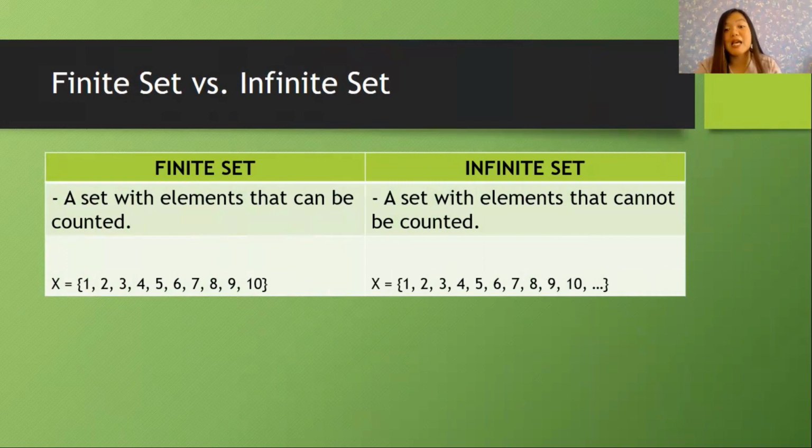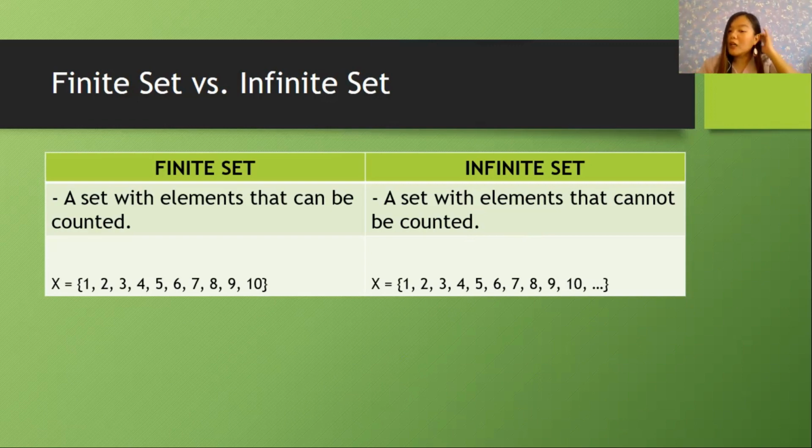While an infinite set is a set with elements that cannot be counted. So, it has no end. There is no definite number for that. 1, 2, 3, 4, 5, 6, 7, 8, 9, 10, 11, and so on.